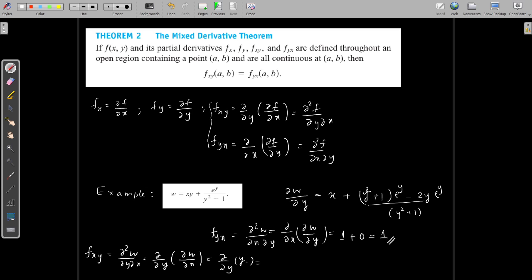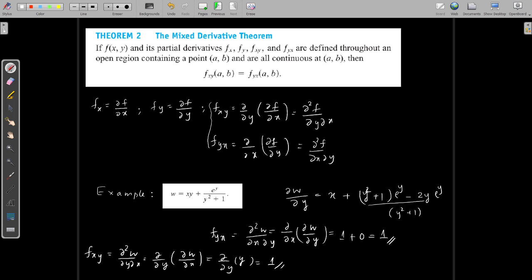Then the derivative of y with respect to y is again 1. So this is the easiest way to evaluate this mixed derivative. This is the idea of this theorem. You can find the mixed derivative in any order if these hypotheses are satisfied.